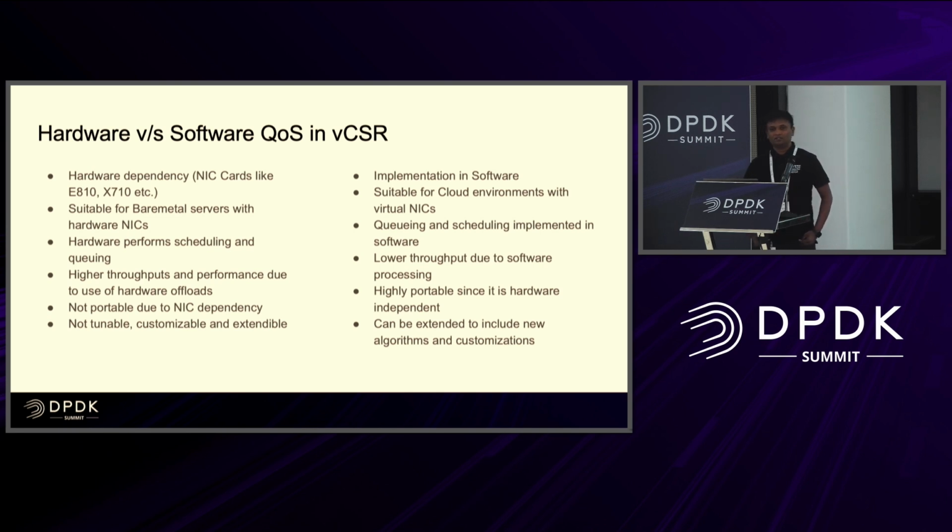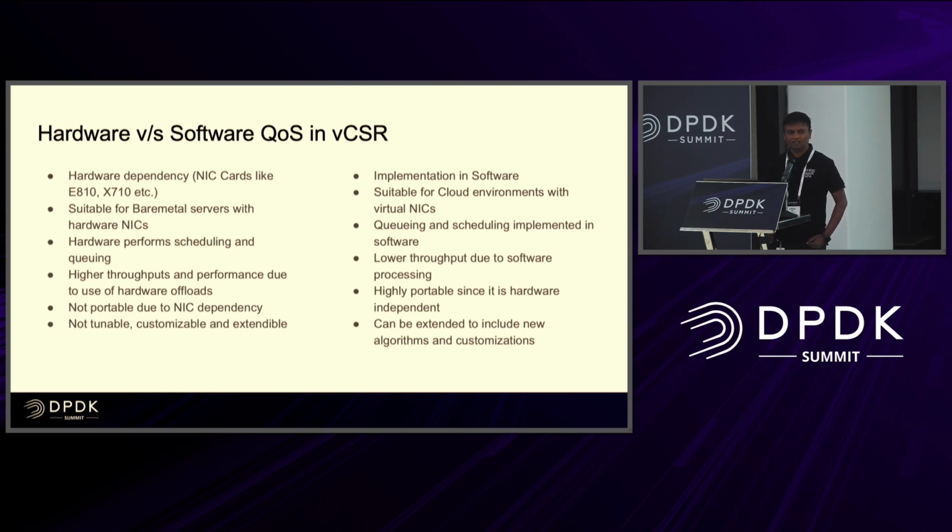The other way is to implement QoS in software, and this is suited mainly for cloud environments which have VirtIO-based virtual NICs. Here, the queuing and scheduling of the QoS is done entirely in software. The advantage of this method is that it is very portable because it is hardware independent.